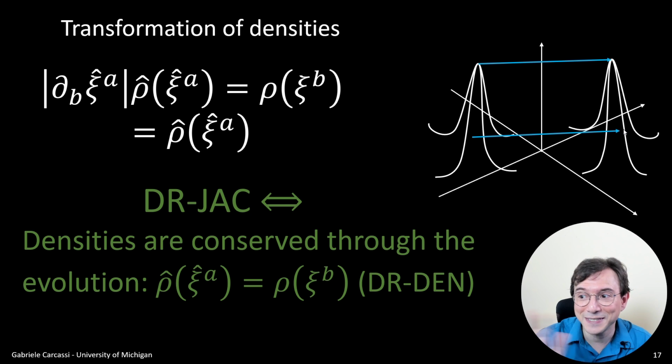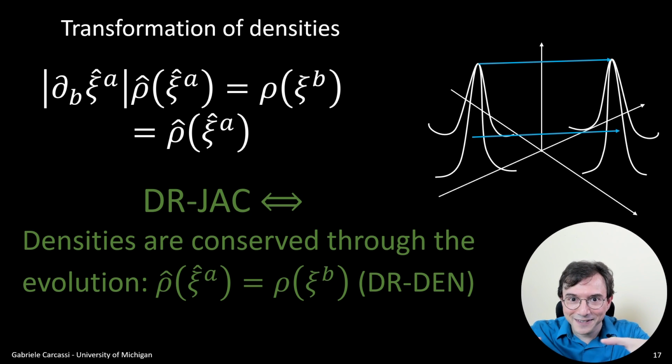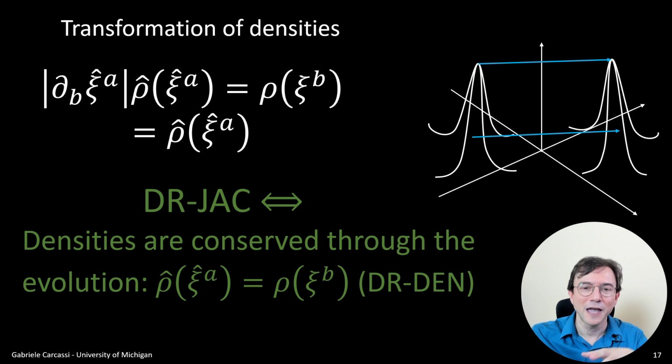So the thing is mapped one to one. It can't stretch, it can't compress. It's always the same distribution that moves. Of course, it can fold in a very complicated way, but still the value of the density is mapped exactly from the initial point to the final point.